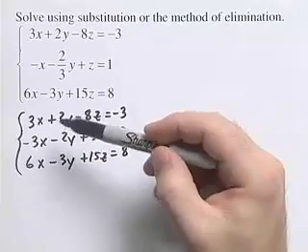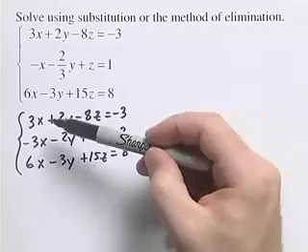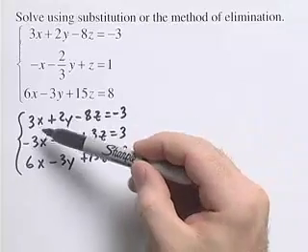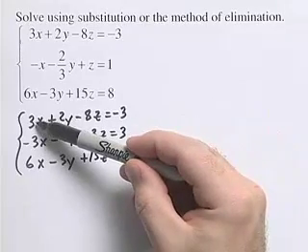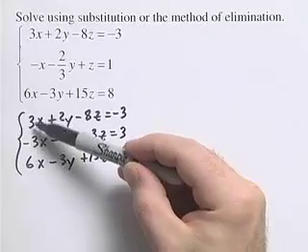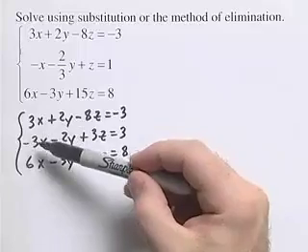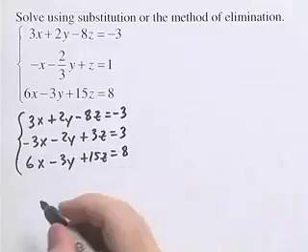We're using the method of elimination. We're going to eliminate the variable x from the second equation, using our first equation to do that. We notice that the coefficient on x in the first equation and the coefficient on x in the second equation are the same except for the sign. So we can simply add these two equations together to get rid of that variable x.